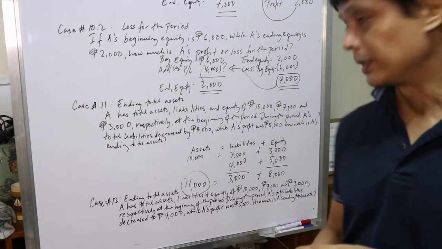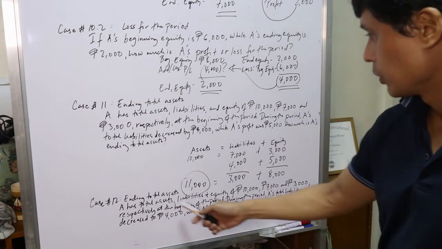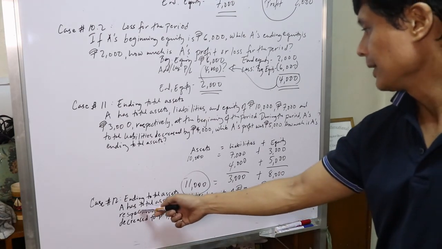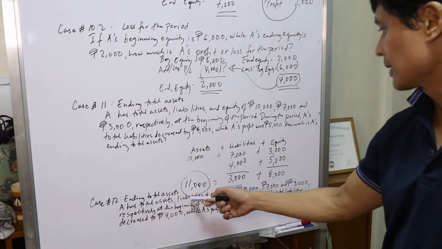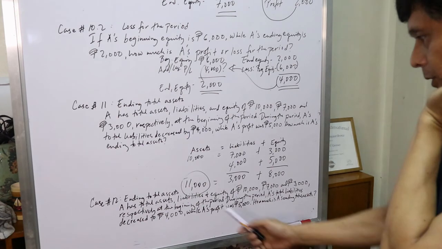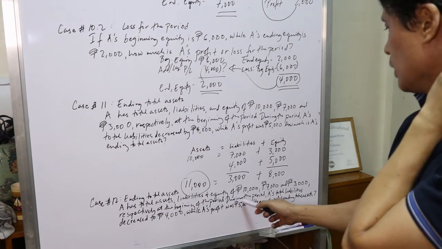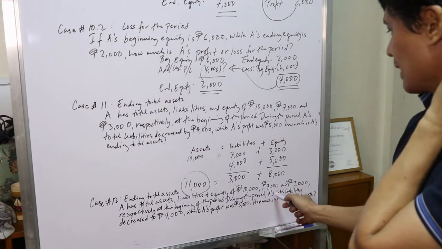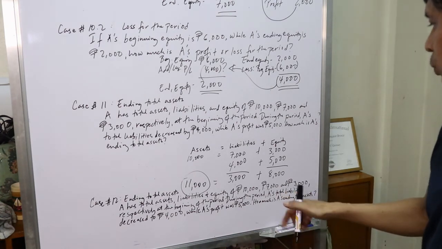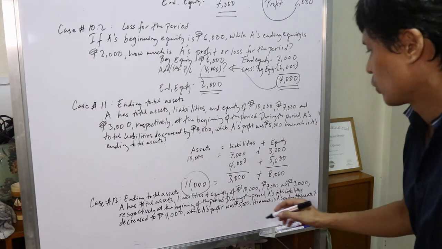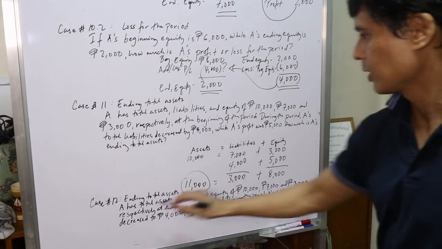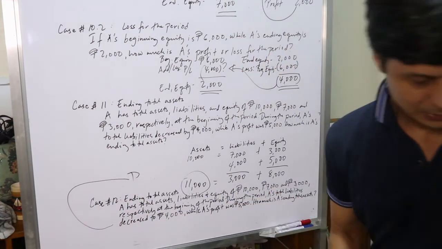Now, this one, ito naman, yung last case, ending total assets. A has total assets, liabilities, and equity of 10,000, 7,000, and 3,000 respectively at the beginning of the period. During the period, A's total liabilities decreased to 4,000 while A's profit was 5,000. How much is A's total assets? So, ganun din yung gagawin natin. So, ito na lang isulat natin dito para mas makita natin.